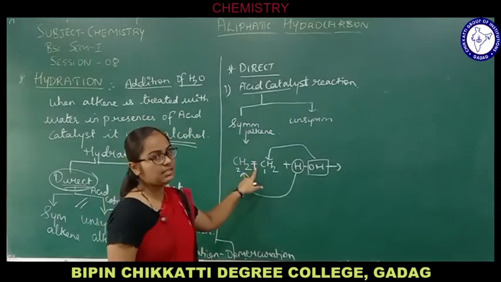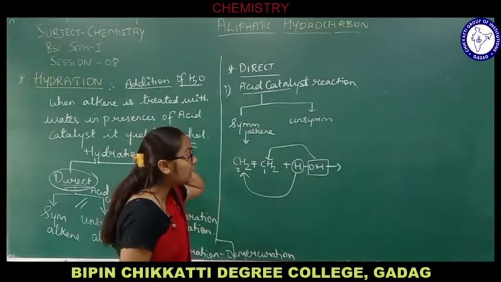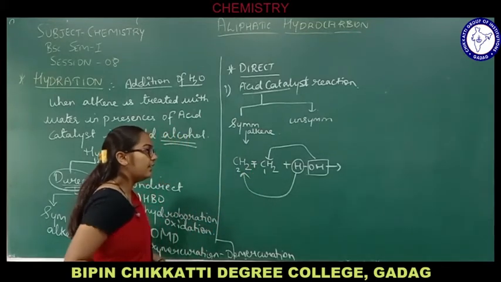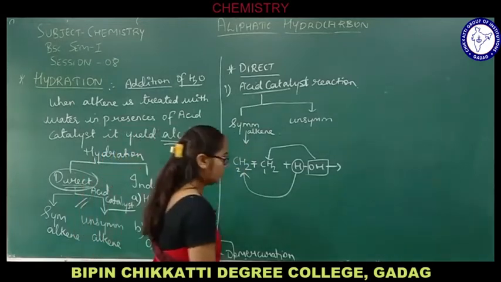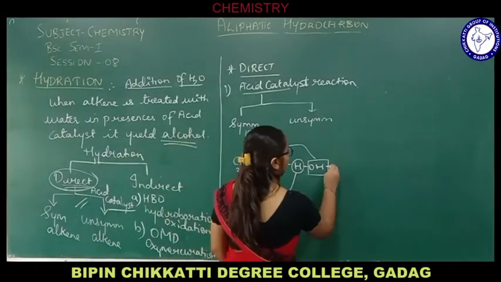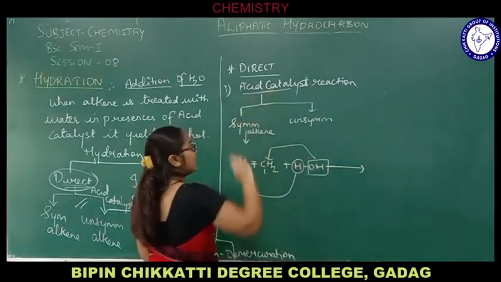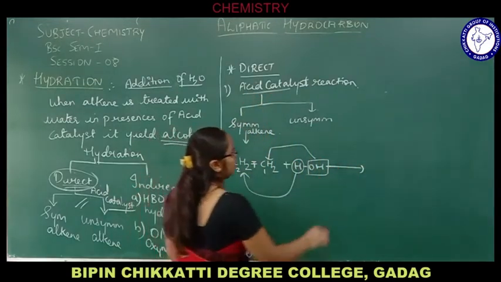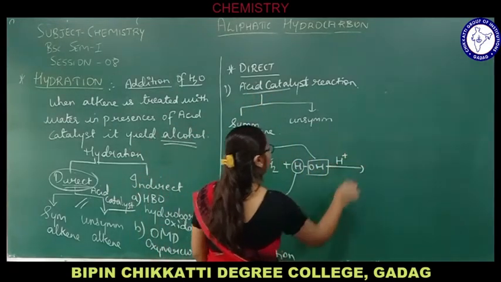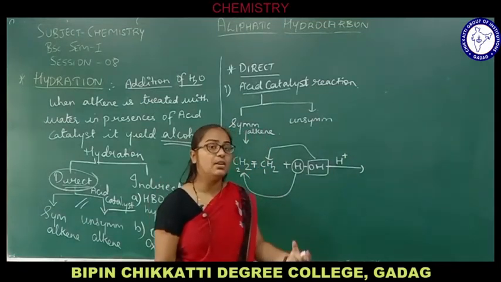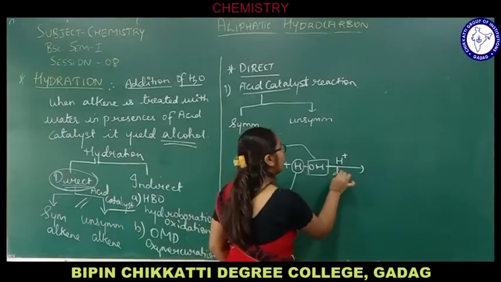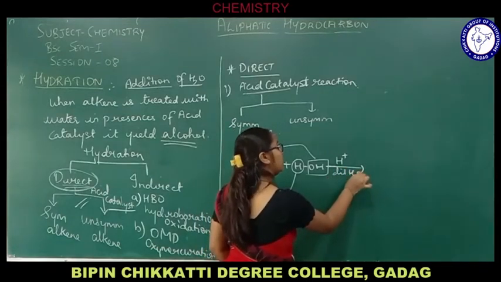One bond will cleave, and then and there the hydrogen and the hydroxyl get attached to it. Okay, and yes, here we wrote acid catalyst. This reaction takes place in presence of H plus ion, which you get from dilute sulfuric acid.